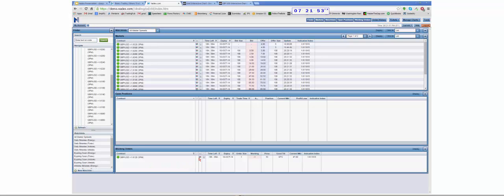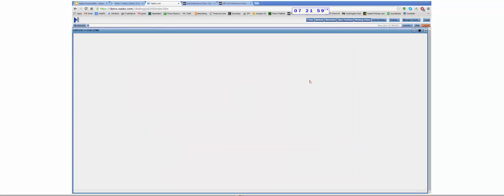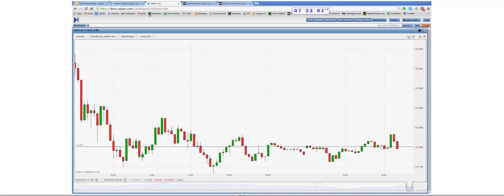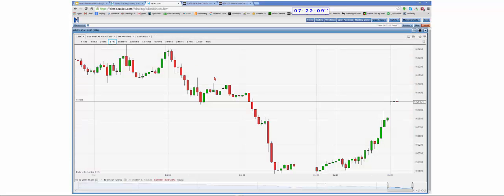If I want to take a look at the chart, there's a little icon, and I can expand out that chart. And that's going to show me a 5-minute chart, so I don't want that. I want to go on an hourly chart. And this basically shows you an hourly chart of that currency pair.